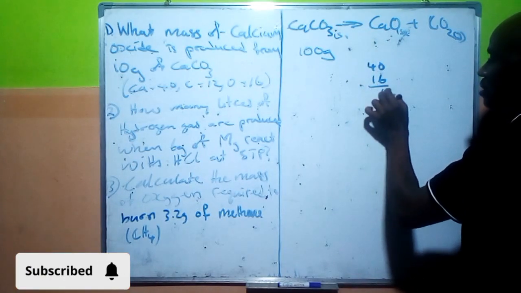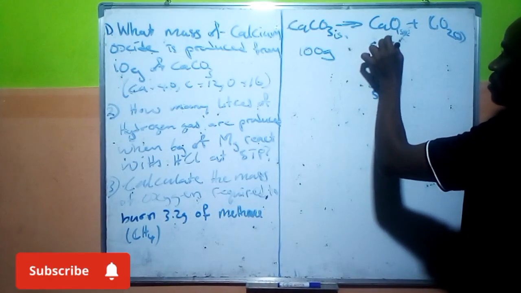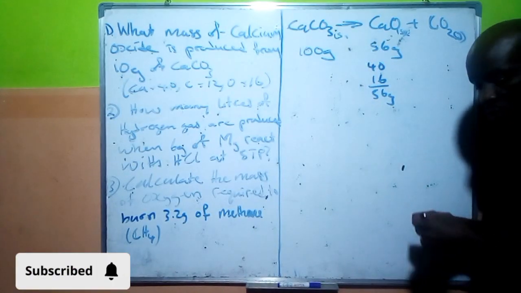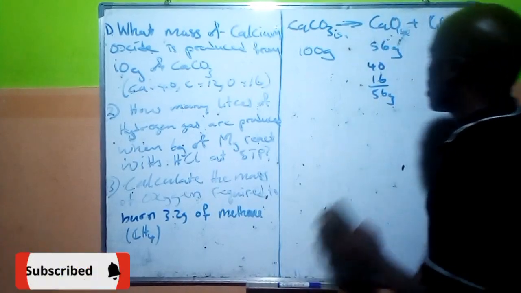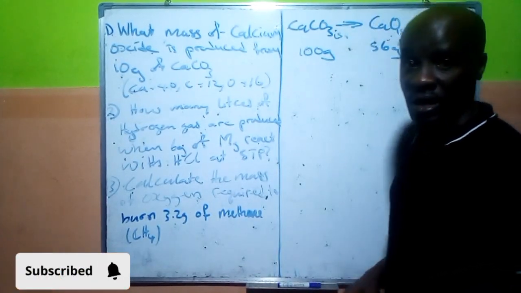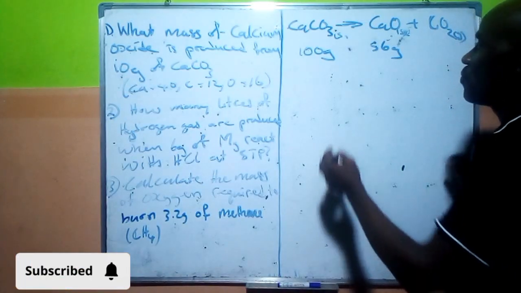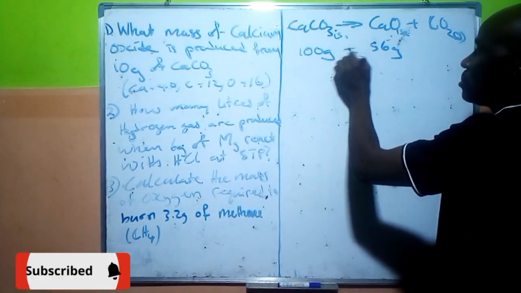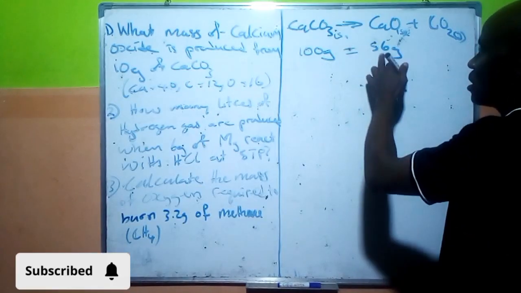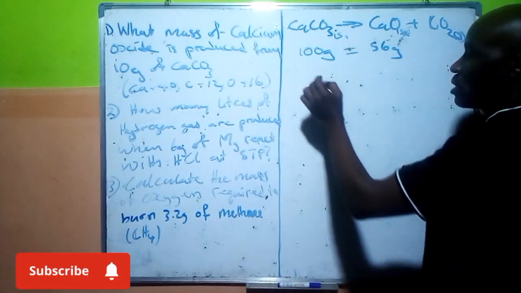When we add it up, we have 56 grams. This is one of the pieces of information we can get from the balanced chemical equation. Which means if we decompose 100 grams, we'll get 56 grams.